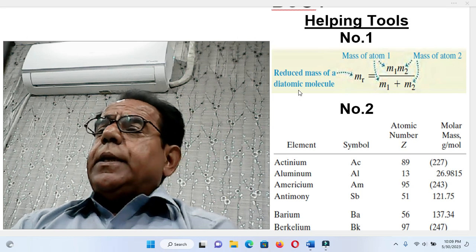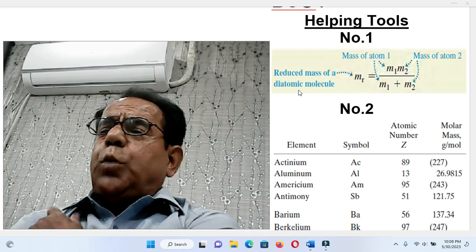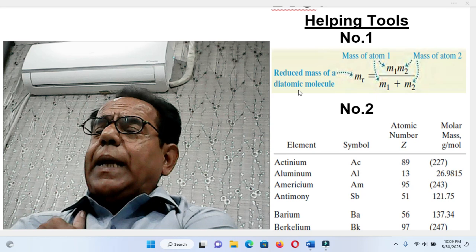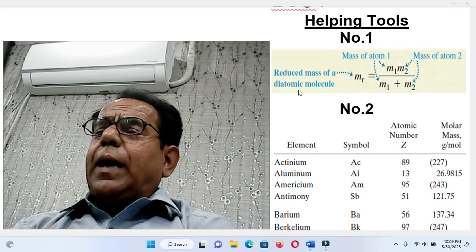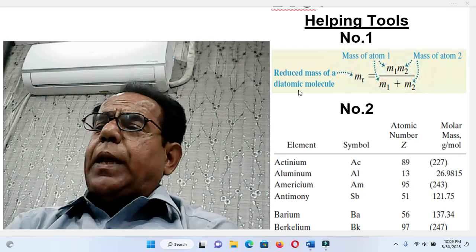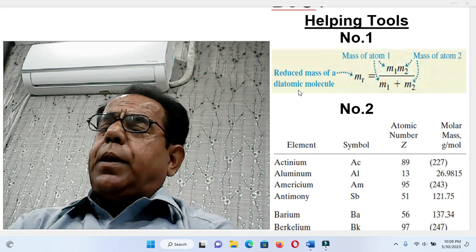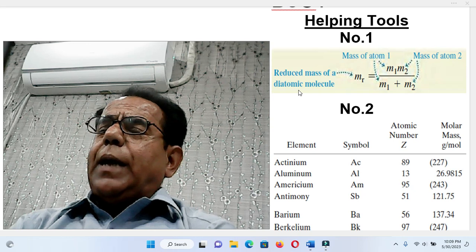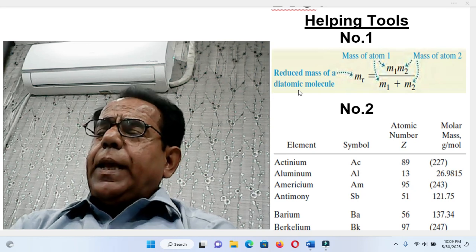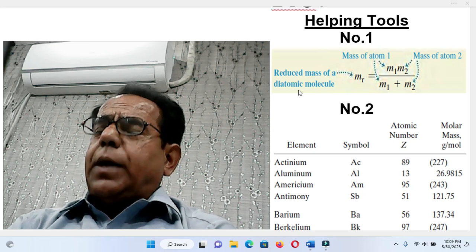Reduced mass of a diatomic molecule, that is Mr, where r is written as a subscript of m. So Mr stands for reduced mass, small r stands for reduced, and small m stands for mass.